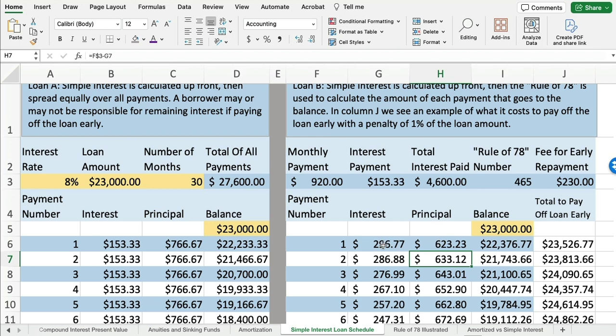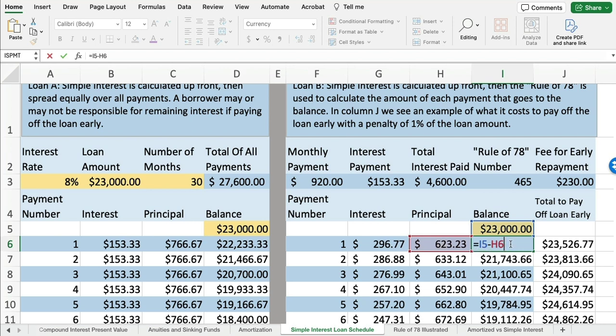So you have to subtract. The interest plus the principal has to equal 920, okay? The remaining balance is already a little bit more. Even just after the first payment, we would have had a better balance due under the loan A than we have under loan B. So our balance is equals I5, so the cell right above, minus H6, which is the cell right to the left of this.